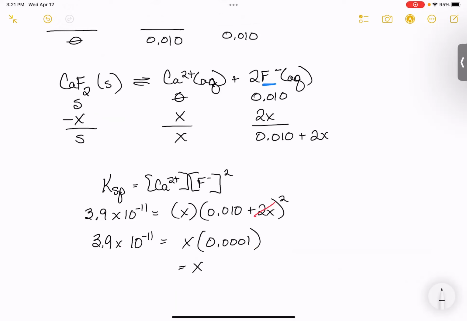So your X comes out to be 3.9 times 10 to the minus 7. Folks, I know that's less than 5%, so that's valid.